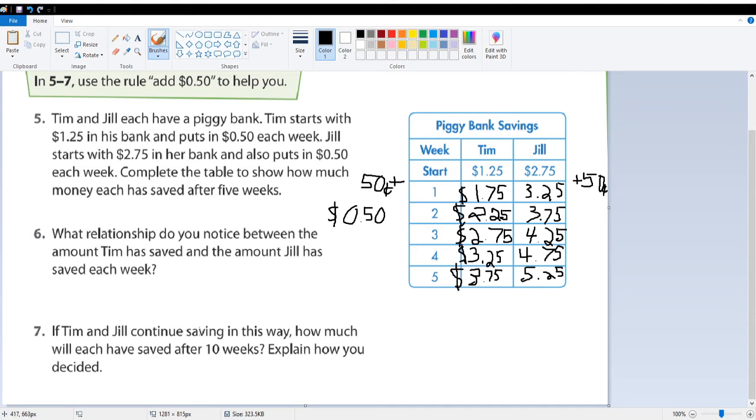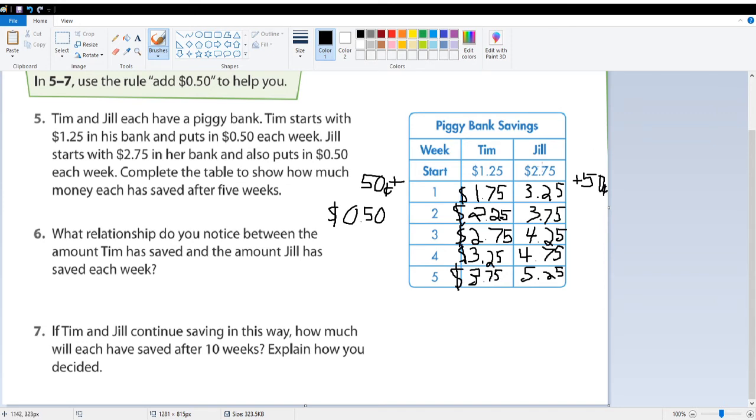If Tim and Jill continue saving in this way, how much will each have saved after 10 weeks? Explain how you decided. So, there are a couple of ways we could do this. We could just continue adding and draw out week 6, week 7, week 8, week 9, week 10.